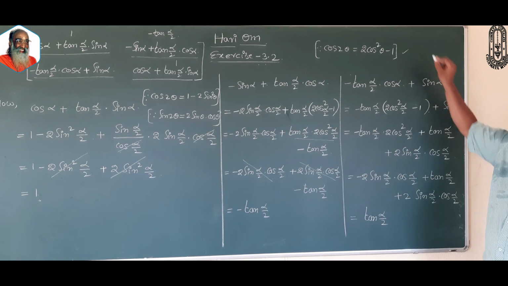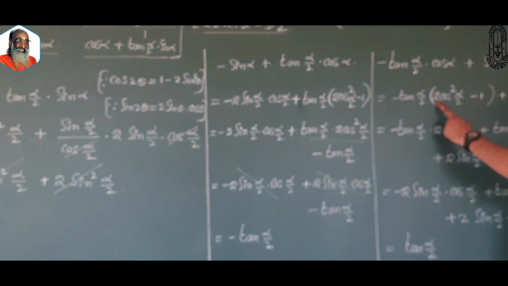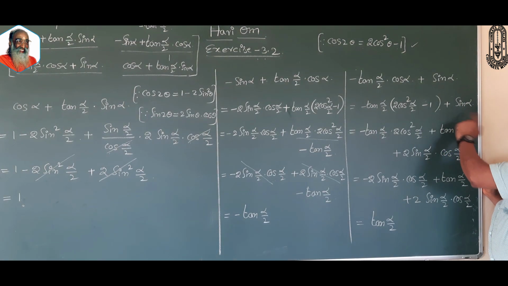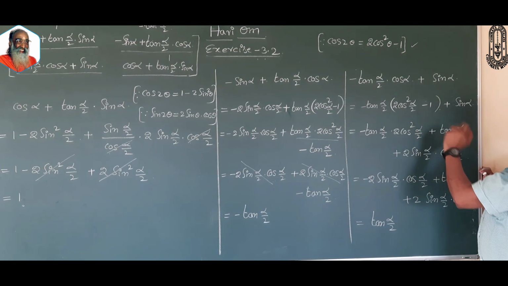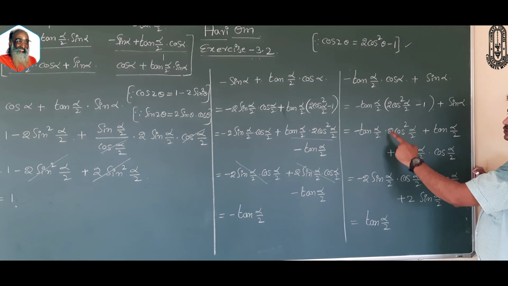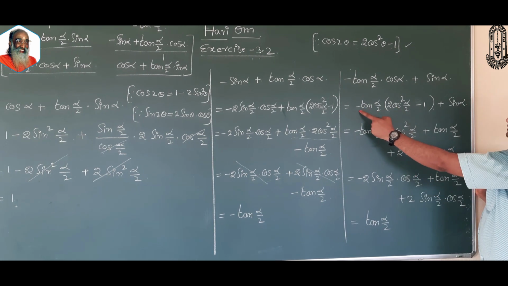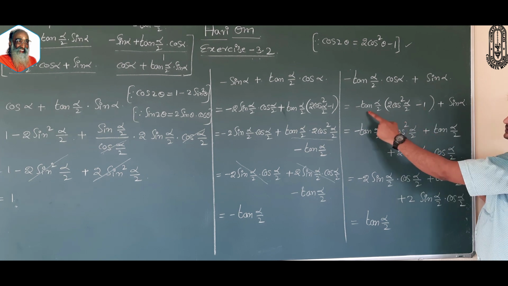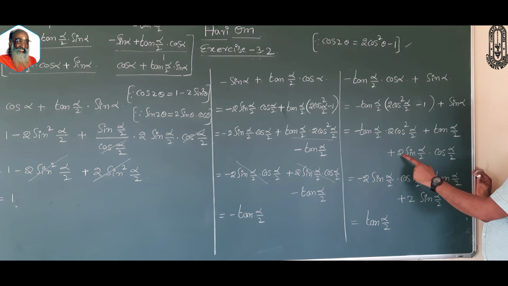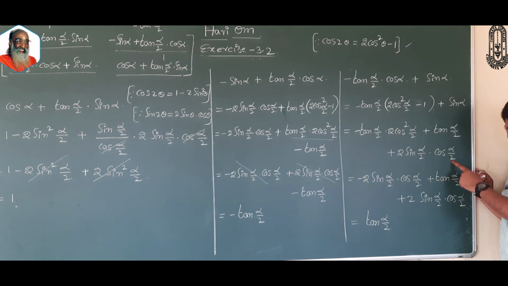By using cos 2 theta, we are able to write 2 into cos square alpha by 2 minus 1, plus sin alpha. When we multiply, minus tan alpha by 2 into 2 cos square alpha by 2, plus tan alpha by 2 into 1, and sin alpha can be written as 2 sin alpha by 2 into cos alpha by 2.